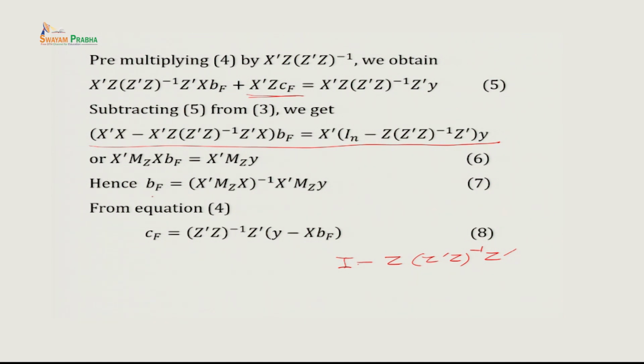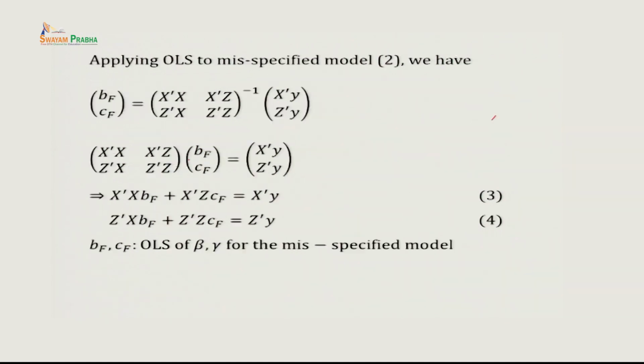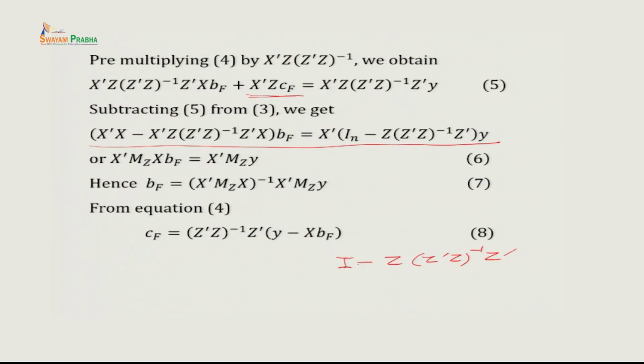And then we substitute the value of B f in equation 4, and then we solve it for C f. So, finally, we obtain the expression for C f equal to z transpose z inverse z transpose y minus x B f.